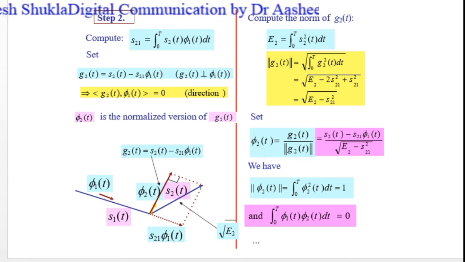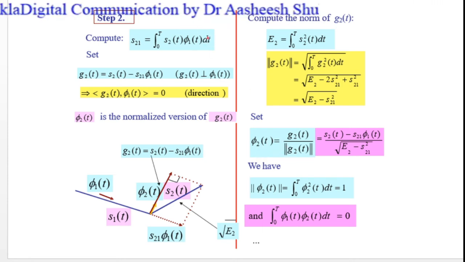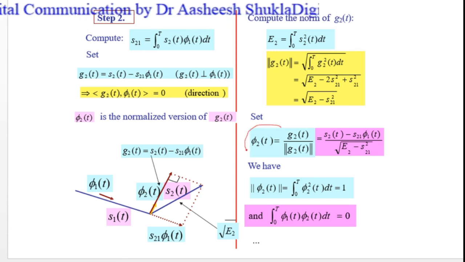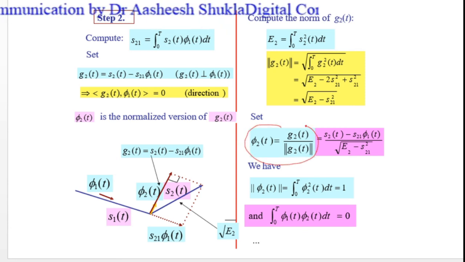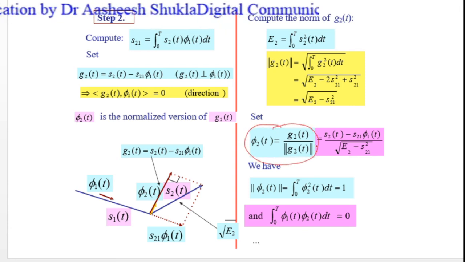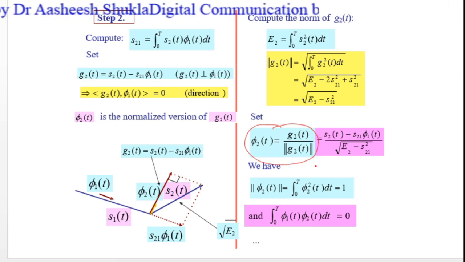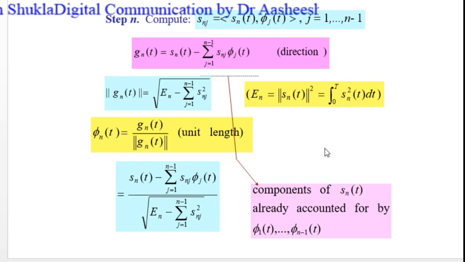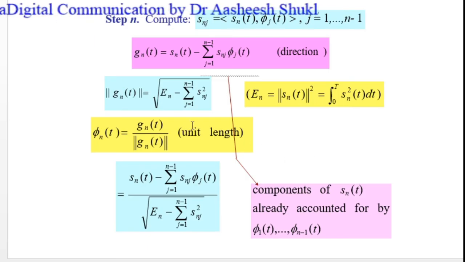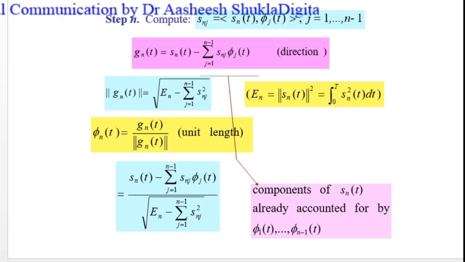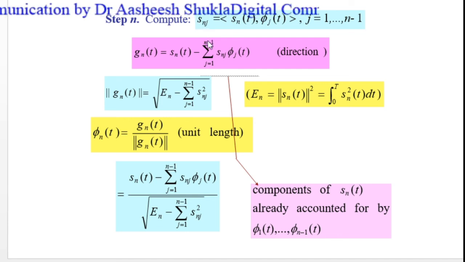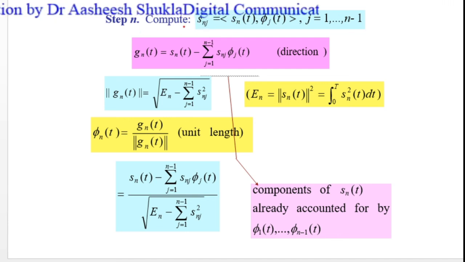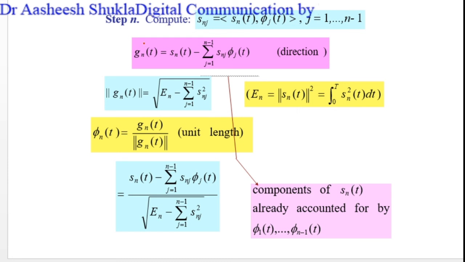So next, you have seen that we have already found phi 2(t). I have already told you how you can find phi 2(t). Phi 2(t) is nothing but G2(t) divided by the energy of G2(t), right? It is as simple as that. Now we can move to any general case, so we can find it for n, that is, for Gn(t).